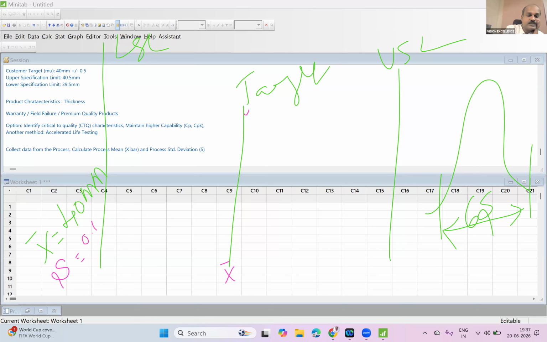Let me say my standard deviation is 0.166. That means my process is experiencing very little variation. Standard deviation is very, very small, 0.166. Now please tell me, what will be 3 times standard deviation? 0.5. So that means this is how my process is going to perform.